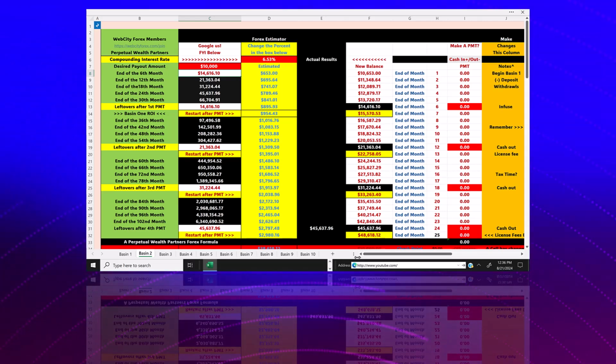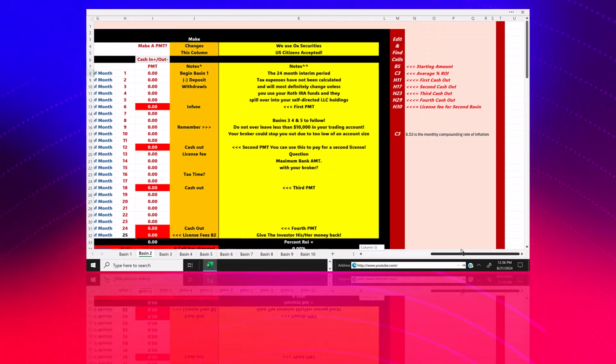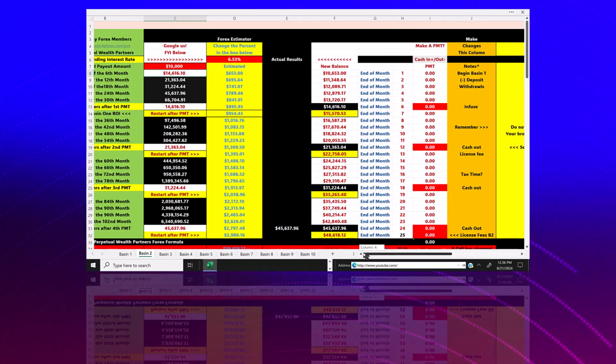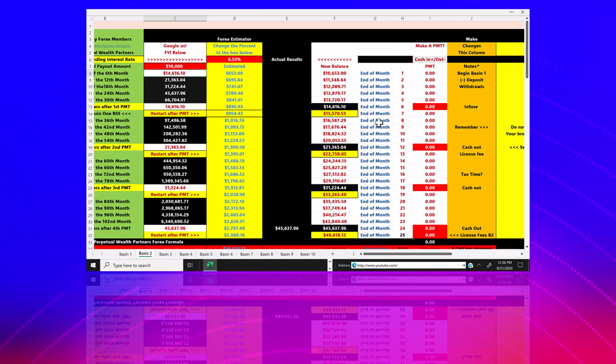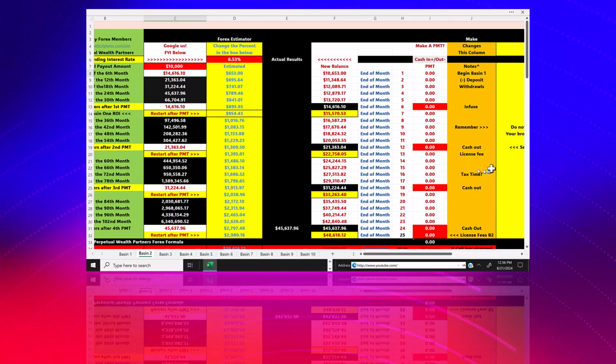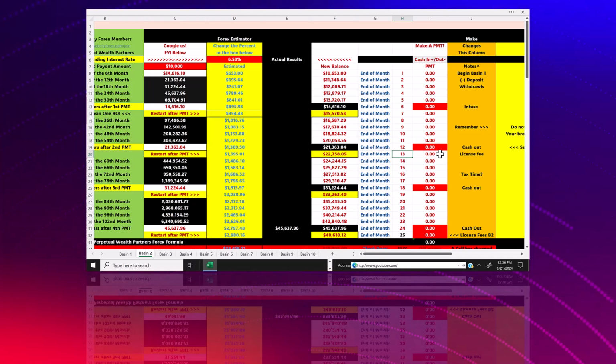And then let's see which one of these is. Yeah, okay, this is not the right one. But anyway, it'll help for the proof here. So then we take out the licensing fee and the 10,000 for the next one.